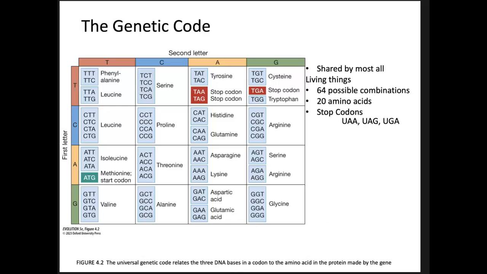And so in the next slide, we're going to talk about synonymous and non-synonymous changes in DNA with mutations. But because we have several opportunities to code for a single amino acid, this gives us a little bit of protection against things like point mutation. We also have, of course, start codons and stop codons.